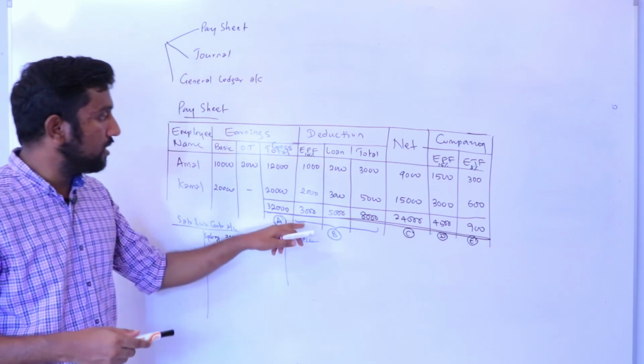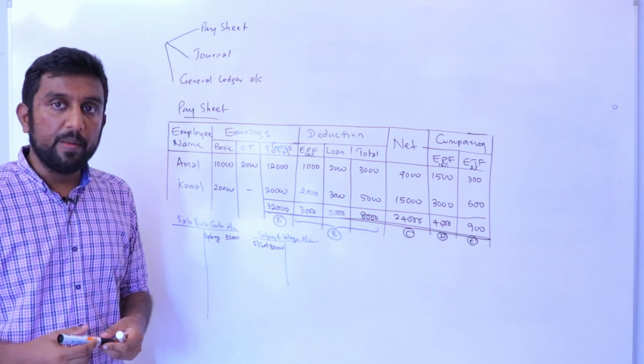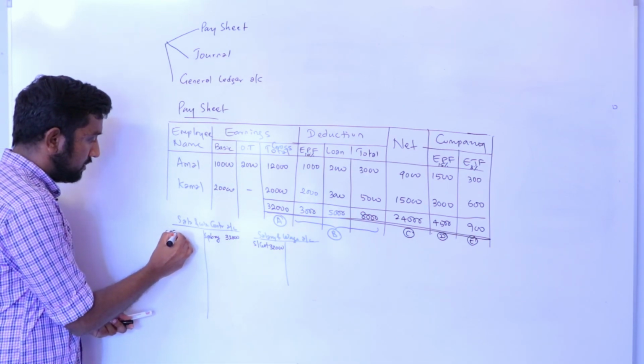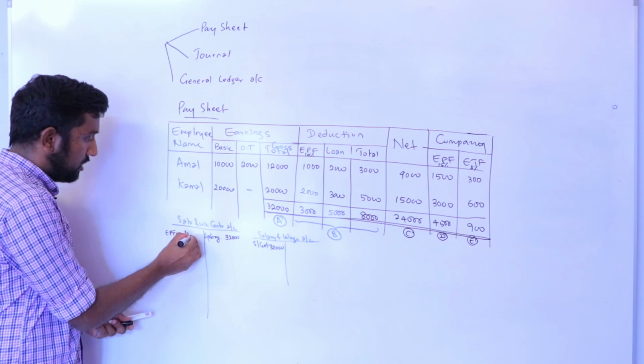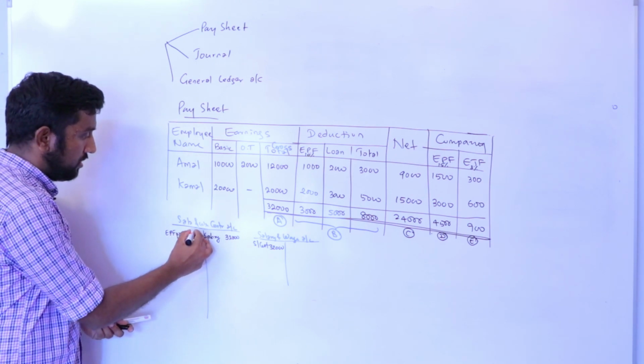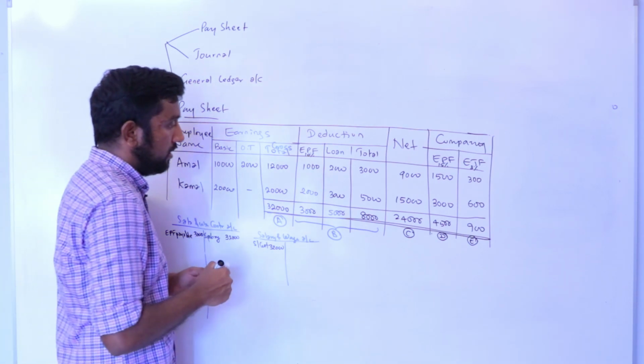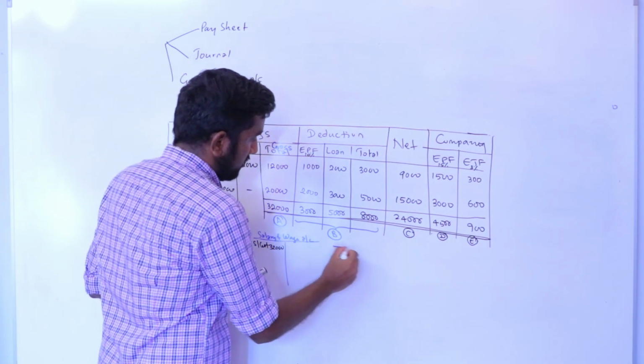So deduction, first one is EPF contribution of employee. Double entry is salary and wages control account debit, which is 3,000, right? Then EPF payable account credit.